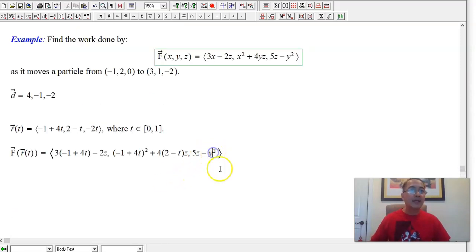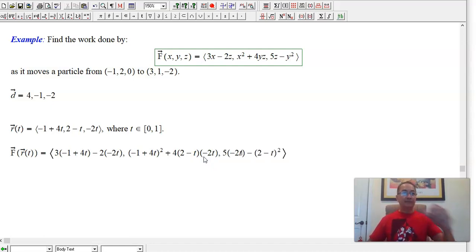Now you see what we're going to do next. There's our other y, and now finally our z. Minus 2z, so minus 2 times this, and this, and, oh, almost missed one. There we go. There's some algebra involved.